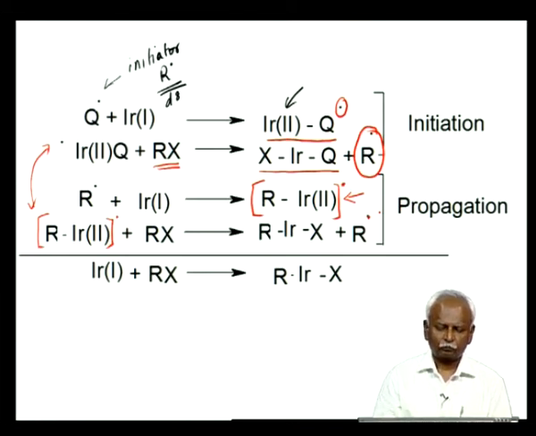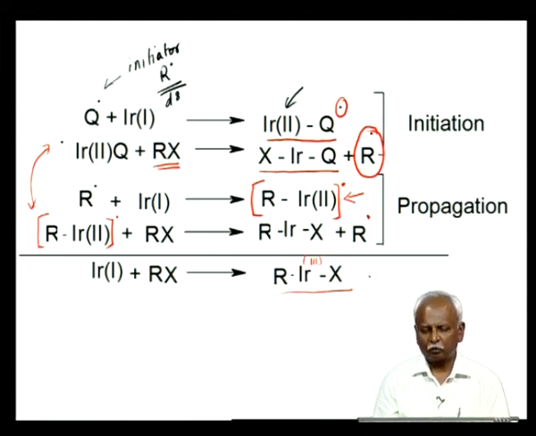Now, if you add up these two reactions, you can see that iridium 1 plus RX gives the iridium 3 R-Ir-RX, which is the oxidatively added product. So, this is the oxidatively added product, and that is what is isolated at the end of the reaction.